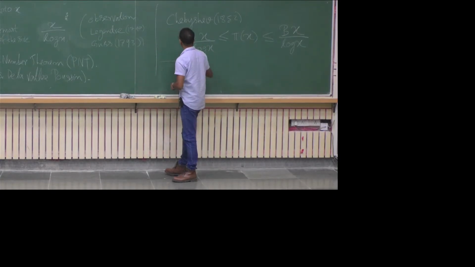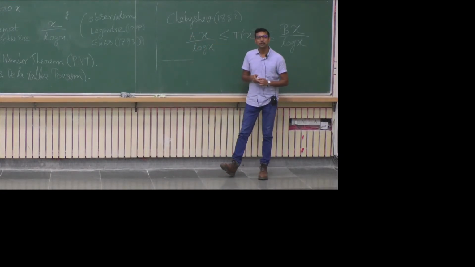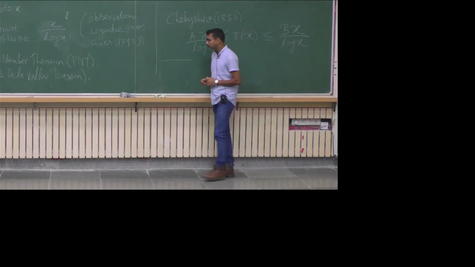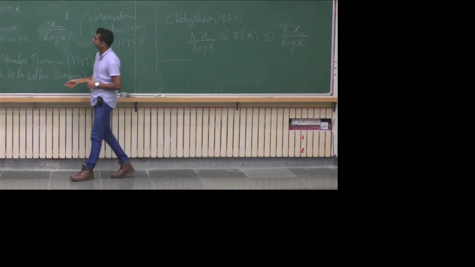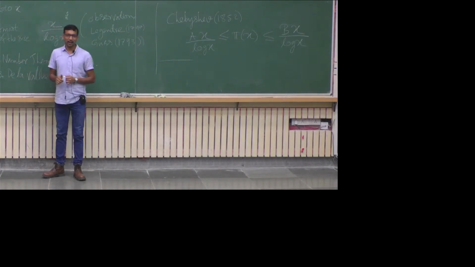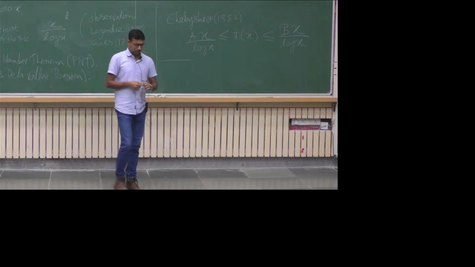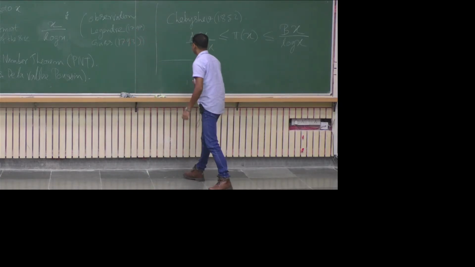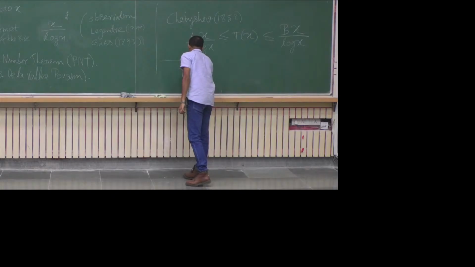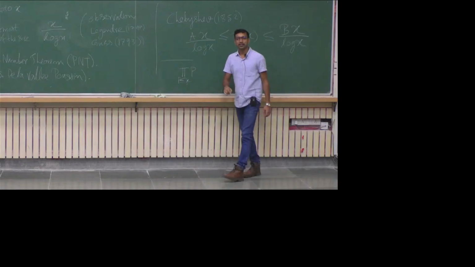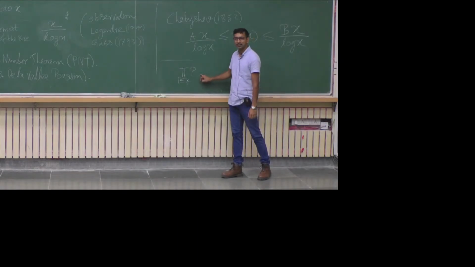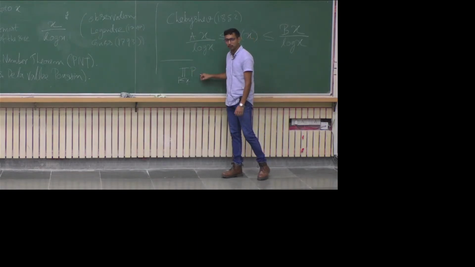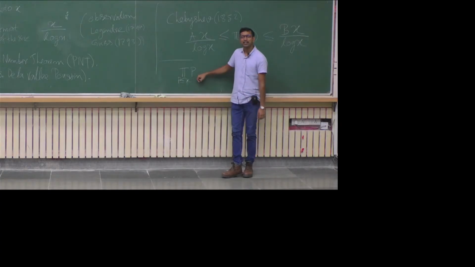Okay? So the nice thing that Chebyshev observed is that instead of counting the primes up to x, which is seemingly a rather difficult task, if we instead try to estimate the product of primes which are less than or equal to x, this seems to be an easier task.